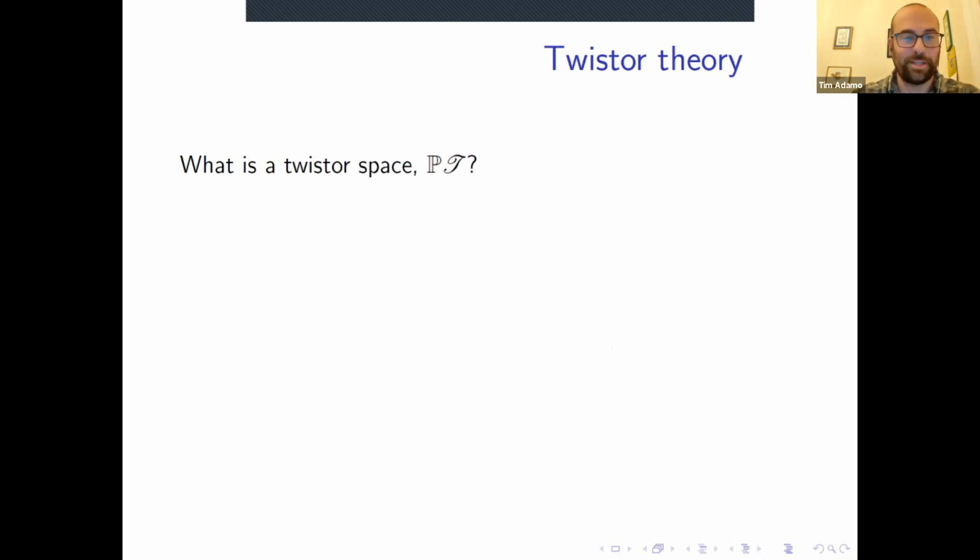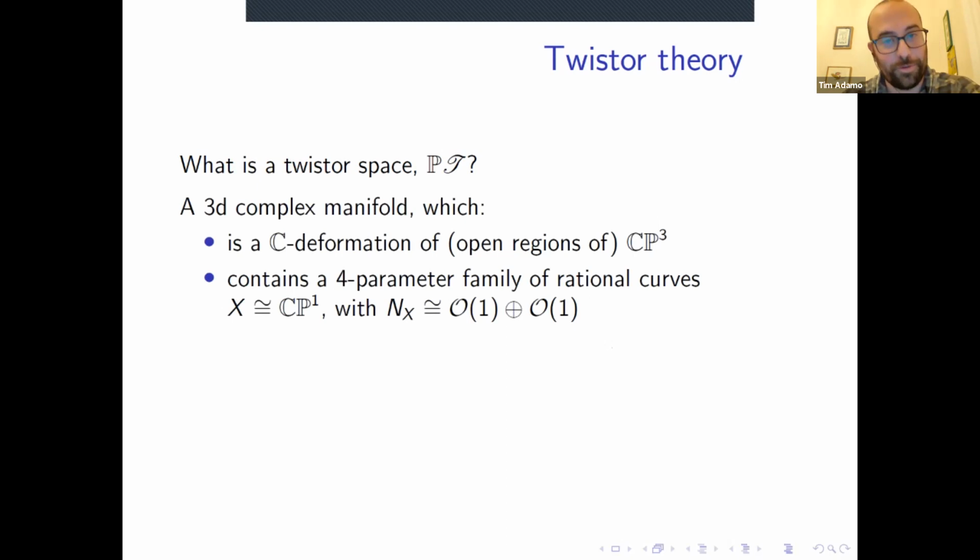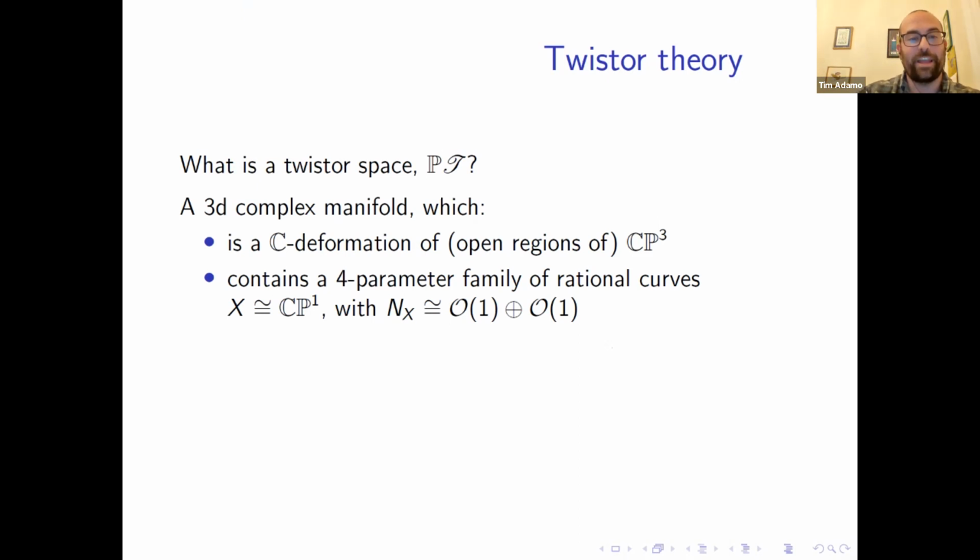So what is a twistor space, which I'll call P curly T? Well, for my purposes, this is going to be a three-dimensional complex manifold, which looks like an integrable complex deformation of three-dimensional complex projective space. It also has some requirements: that it contains a 4-parameter family of rational curves, so genus 0 Riemann surfaces, with a prescribed normal bundle.